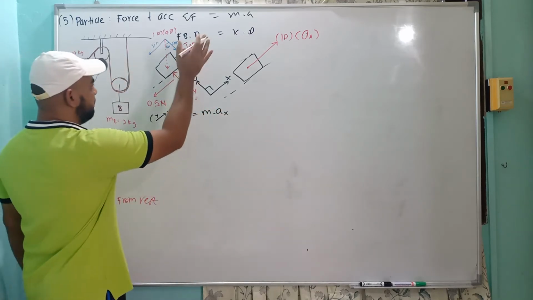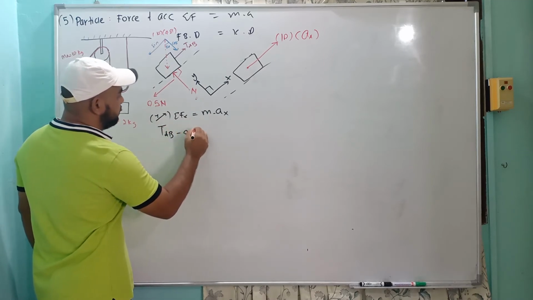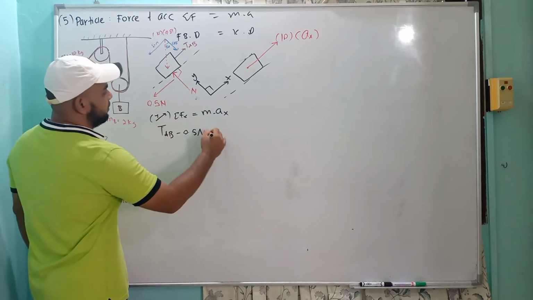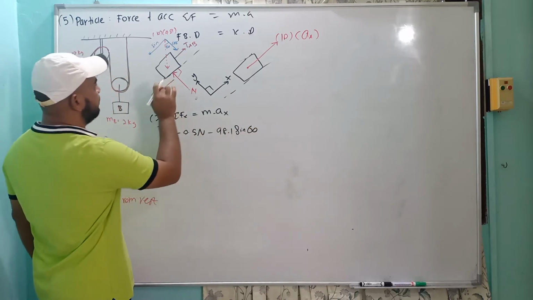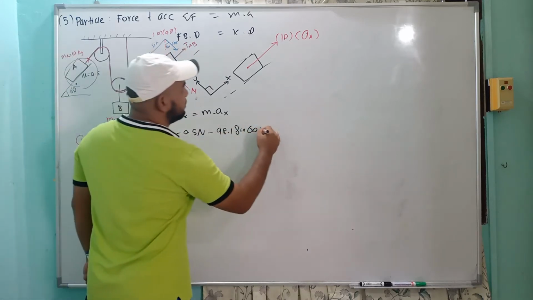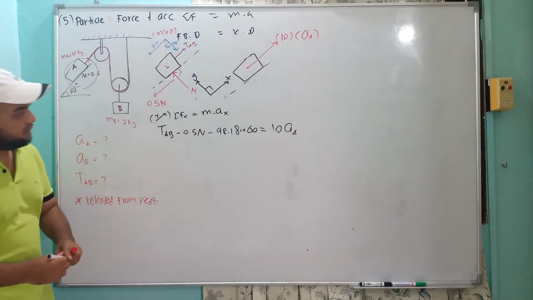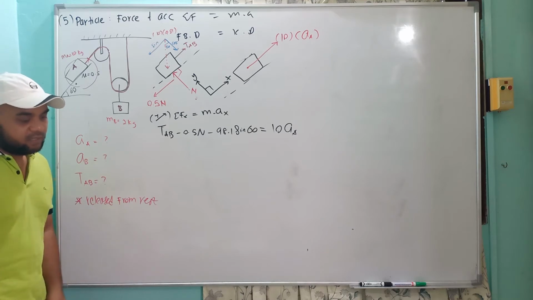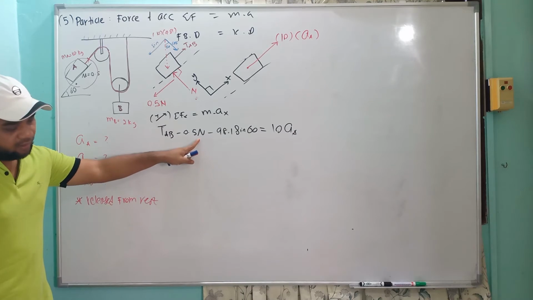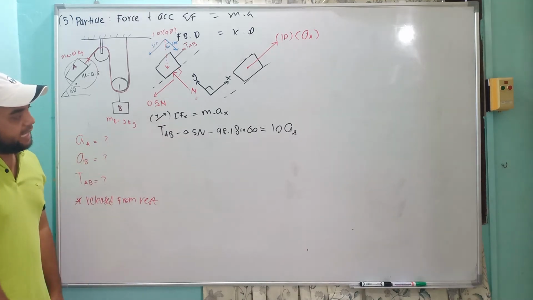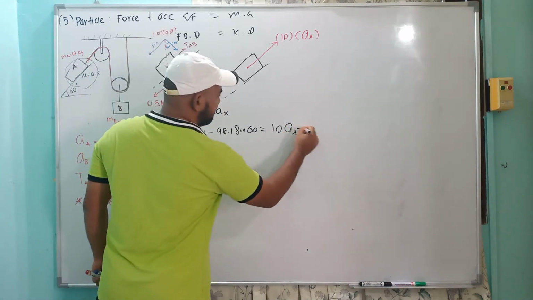Putting everything in terms of X: TAB minus 0.5 N minus 98.1 sin 60, these three terms, equals 10 A. You see that from here we have three unknowns: TAB, N, and AA. So that is the first equation.